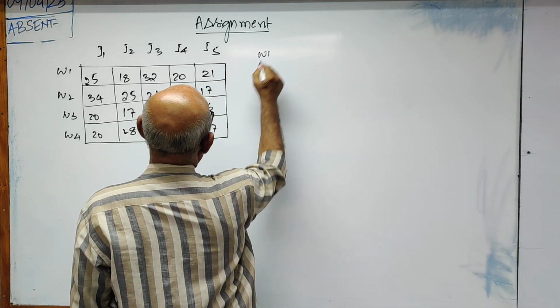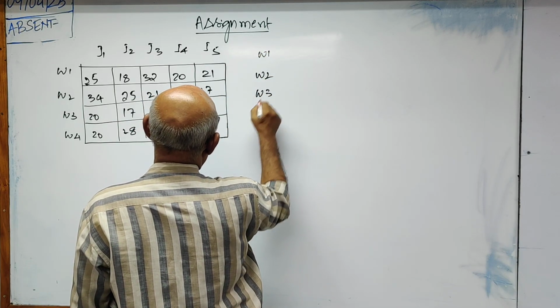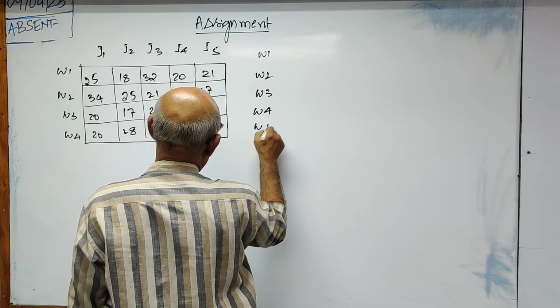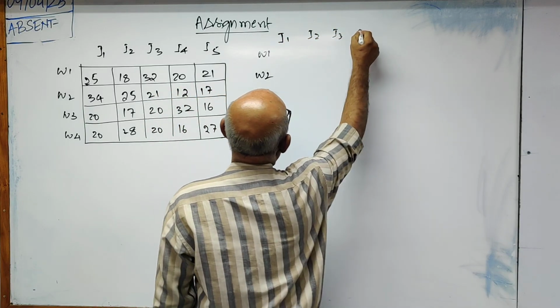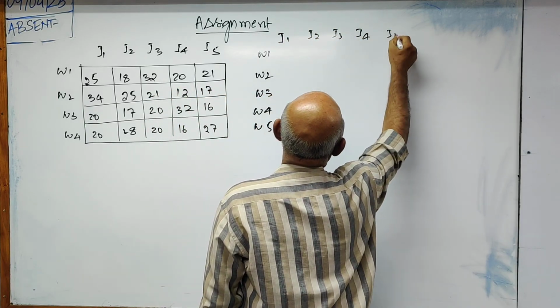So this is W1, W2, W3, W4, W5. Job 1, Job 2, Job 3, Job 4, Job 5.